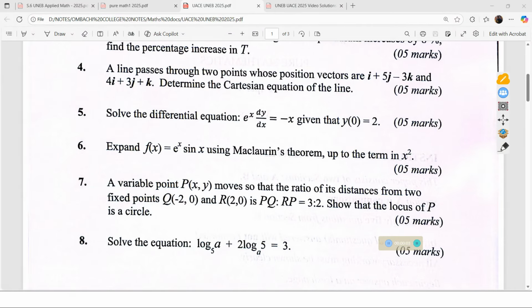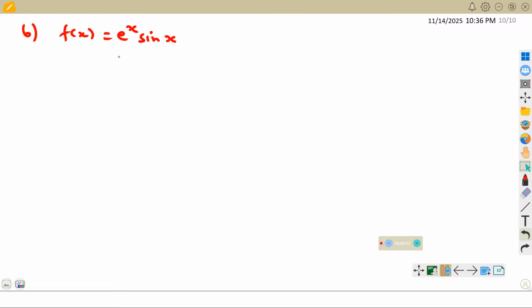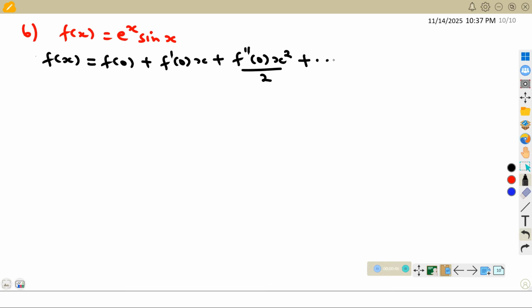Question number 6 says expand f of x, which is equal to e to the power x sine of x, using Maclaurin theorem up to the term in x squared. We need to recall the Maclaurin theorem. It is the Taylor series expansion about x equal to 0, given by f of x equals f of 0 plus f derivative of 0 times x plus f double derivative of 0 times x squared divided by 2, plus other terms.